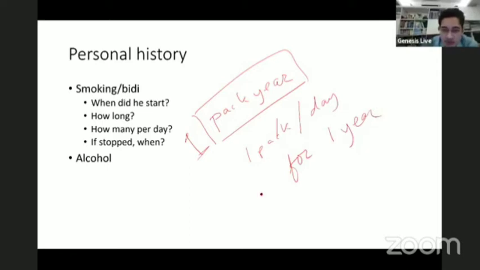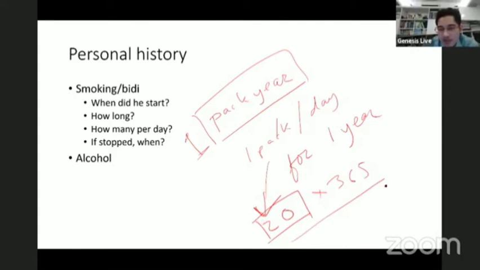One pack means 20 cigarettes. Usually in a pack of smokes, there are 20 cigarettes. So the patient has been taking 20 cigarettes per day for 1 year. That means 20 into 365. Then you can have an idea of how many cigarettes he has been smoking.